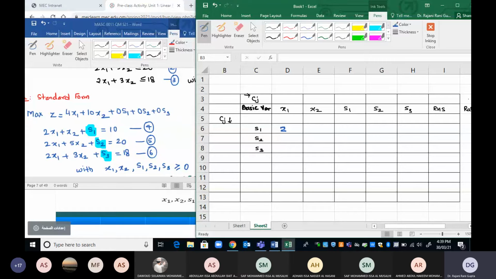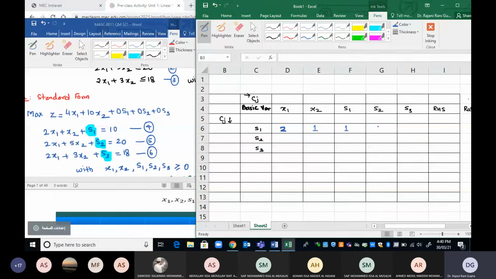Is it clear? So tell me, what will be here? Yes, so here S1 is 1. Can we find S2 and S3 here in the first equation? If it is not available, we put a 0 coefficient. It is not available means their coefficient is 0.